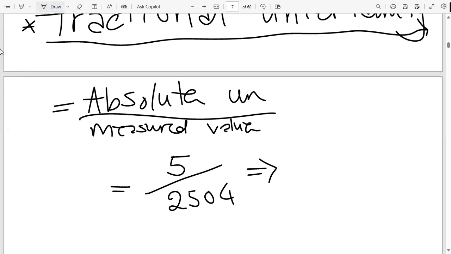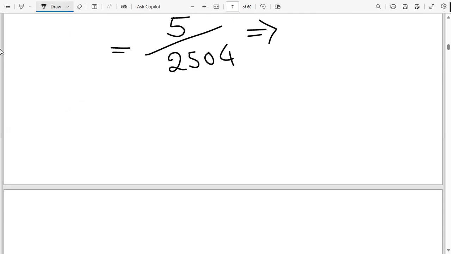And the last one, but not the least, is what we call percentage uncertainty. Percentage uncertainty is as simple as taking the fractional uncertainty that you've calculated and multiplying it by 100.